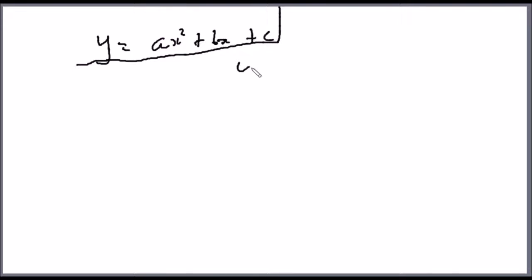For example, if we had y equals x squared plus 8x plus 3, we can put this in the form where we have, as shown in binomial, this is multiplied by 2 and times by x.